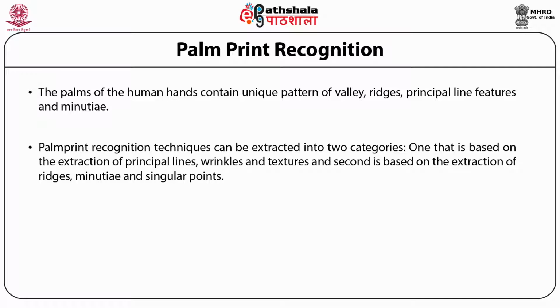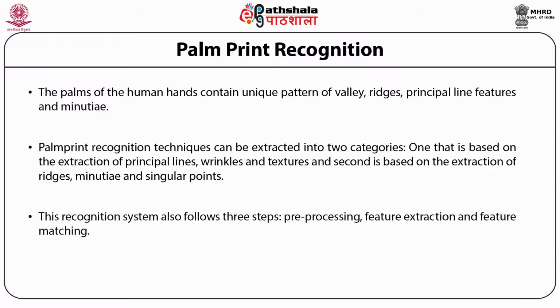One is based on the extraction of principal lines, wrinkles, and textures, and the second is based on the extraction of ridges, minutiae, and singular points. This recognition system also follows three steps, that is, pre-processing, feature extraction, and feature matching.